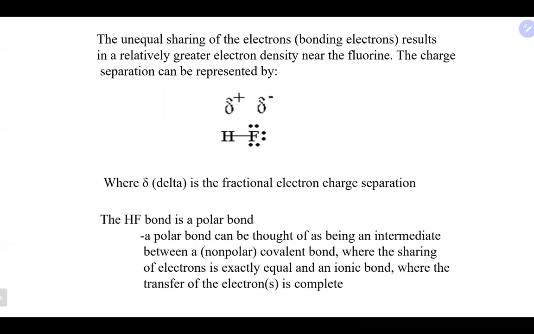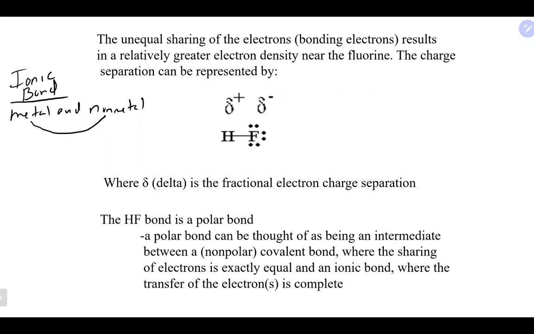So to summarize the three different types of bonding that we've talked about at this point, on one end of the extreme, you have an ionic bond, which is always between a metal and a non-metal. And once again, when you see that combination, that's all you need to know about it. It's going to be ionic.